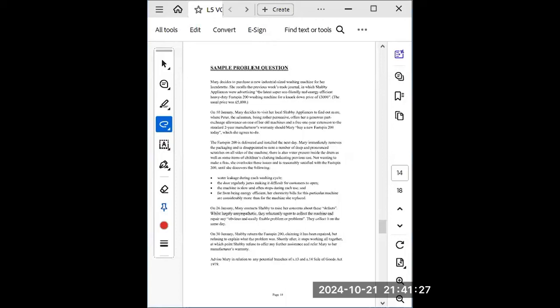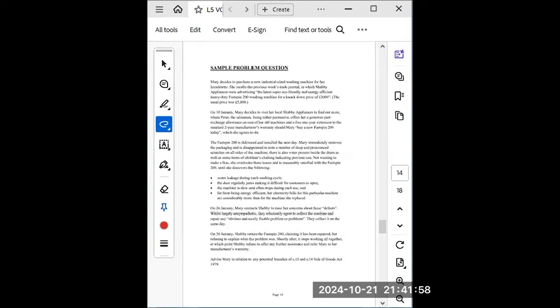On the 10th of January, Mary decides to visit her local Shabby Appliances to find out more, where Peter, the salesman, being rather persuasive, offers her a generous part exchange allowance on one of her old machines and a free 1-year extension to the standard 2-year manufacturer's warranty should Mary buy a new Fastspin 200 today, which she agrees to do.